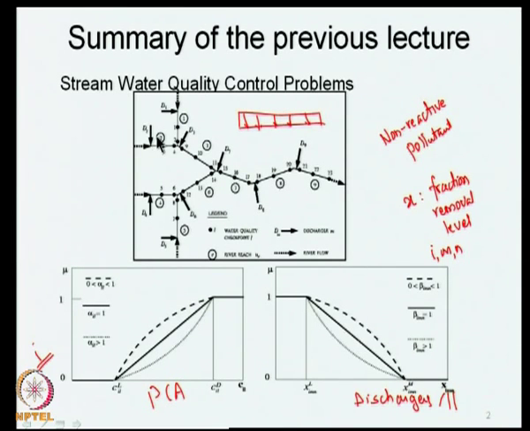Similarly, the decision at this point will have an influence on the water quality at this location. So, the CIL here, which is the water quality at a particular location, will be influenced by, in general, the decisions that we are taking upstream of that particular point, and therefore, you must have models or means or mechanism by which you will relate the water quality at this particular location with the decisions that you are making upstream of that particular location.